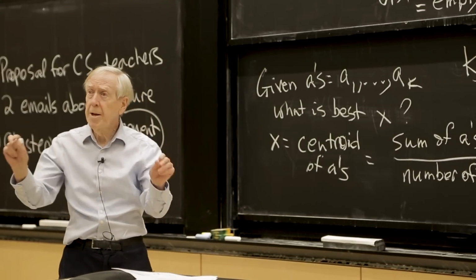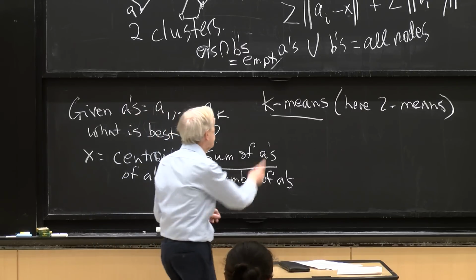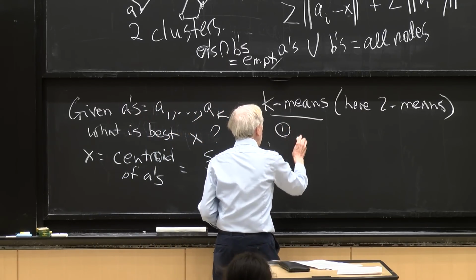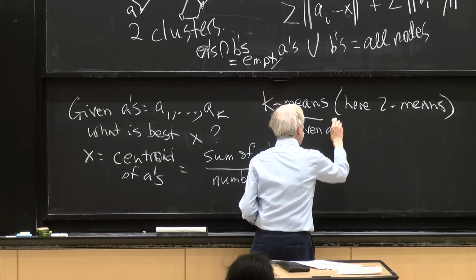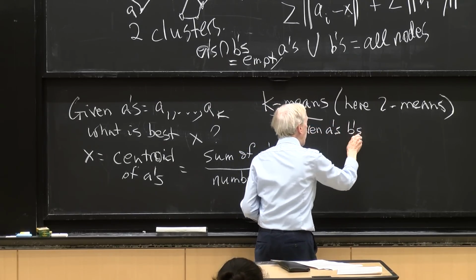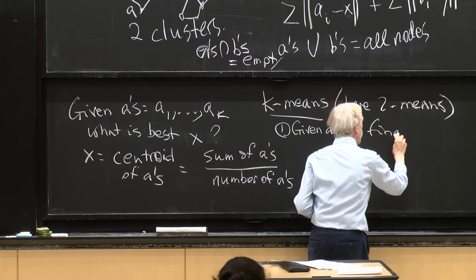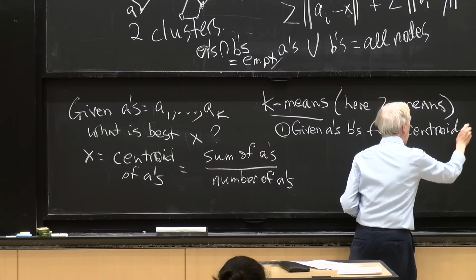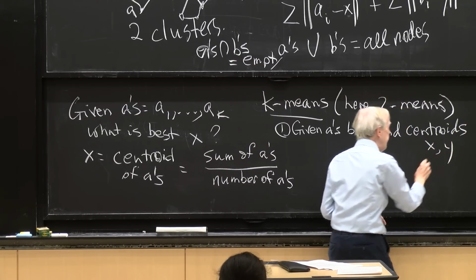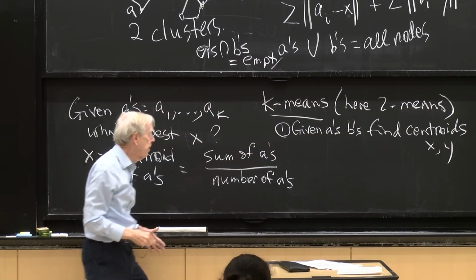So step one is, for given A's and B's, find the centroids X and Y. And that's elementary.